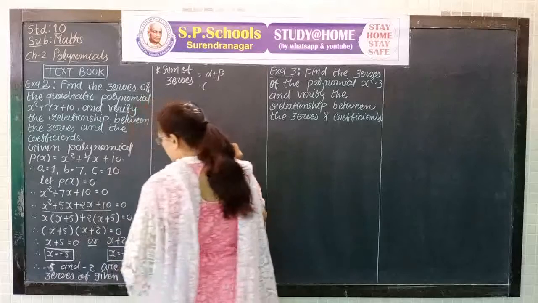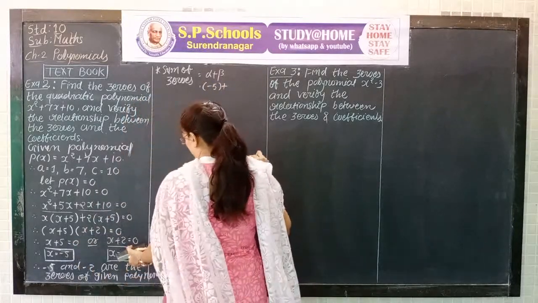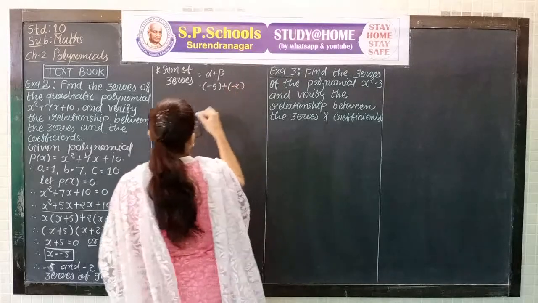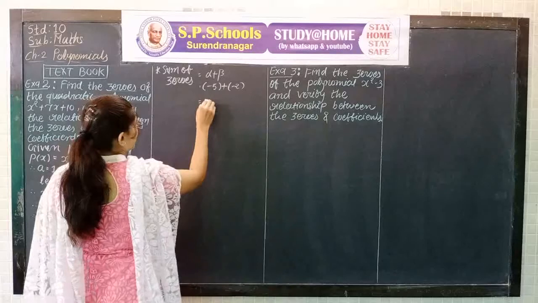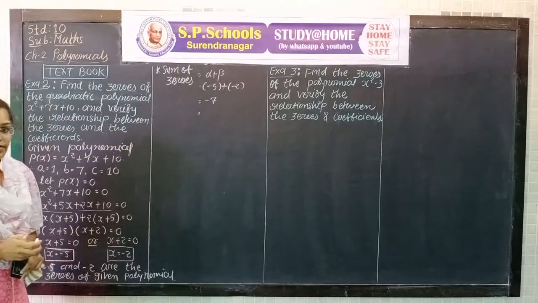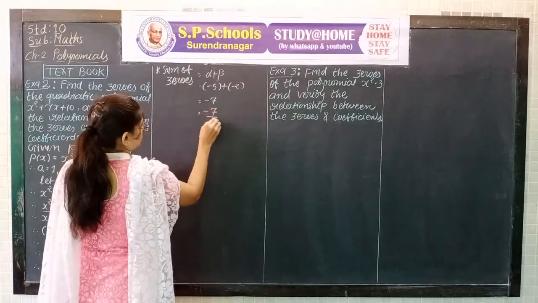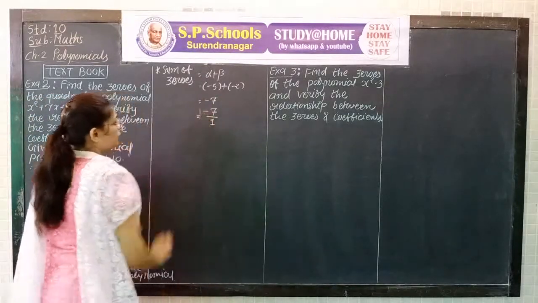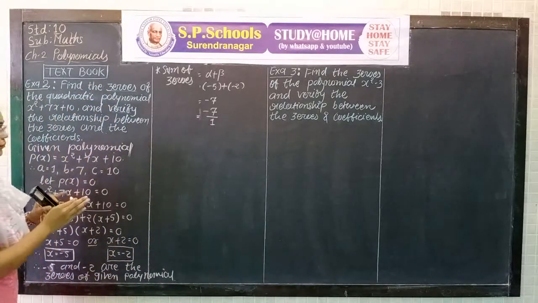Substitute here, instead of alpha minus 5 plus instead of beta minus 2. We know minus 5 plus minus 2 is equal to minus 7. Minus 7, nothing in the denominator, then put 1. Minus 7 upon 1. It looks like minus b upon a.